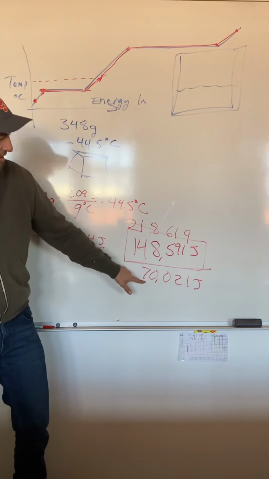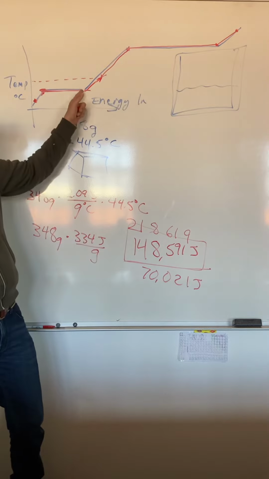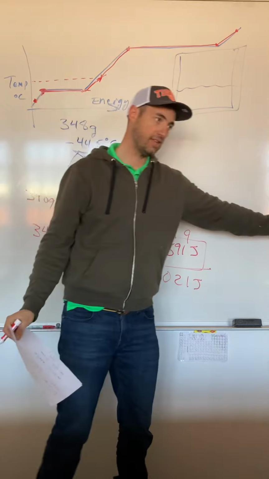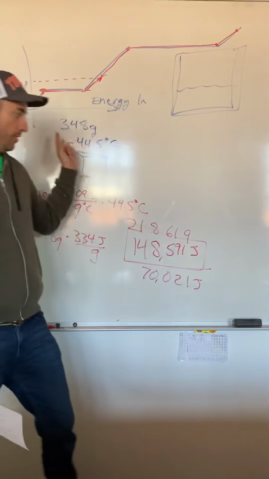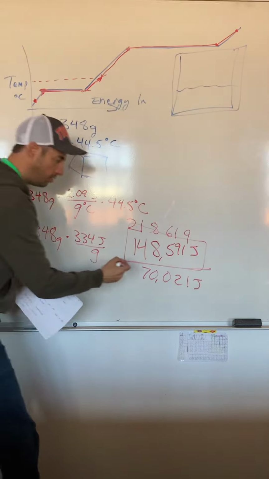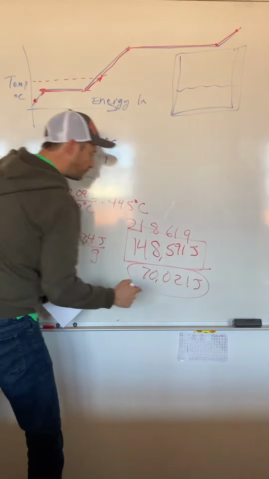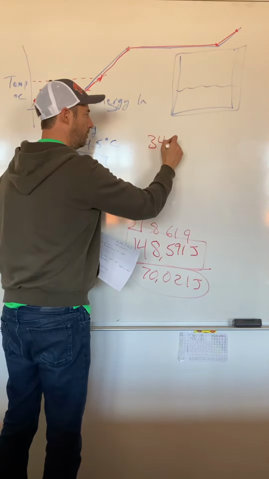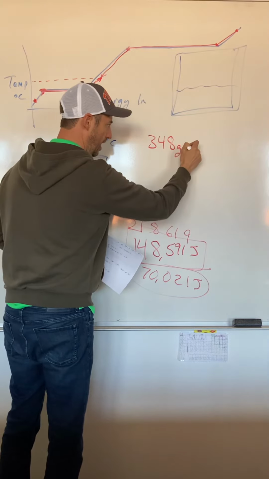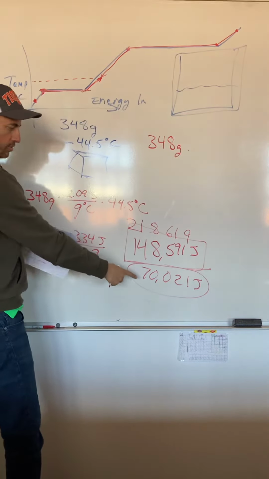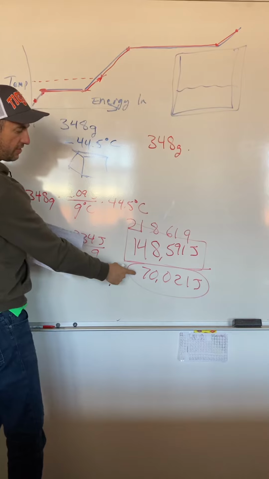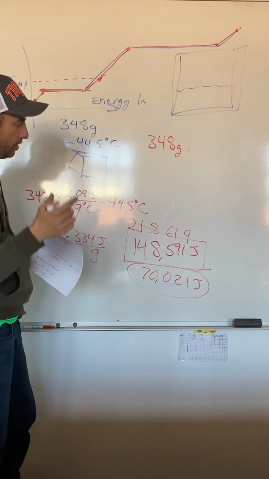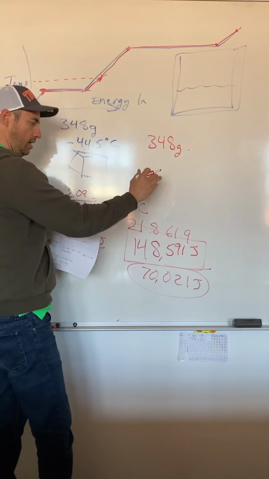If I were to add this much energy to this, then I would have taken the same amount of energy out of that as I put into this. So let's find out, if I had 348 grams of water and I added 70,021 joules to it, what would the new temperature be?